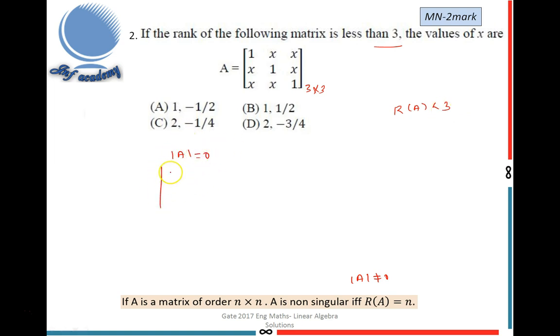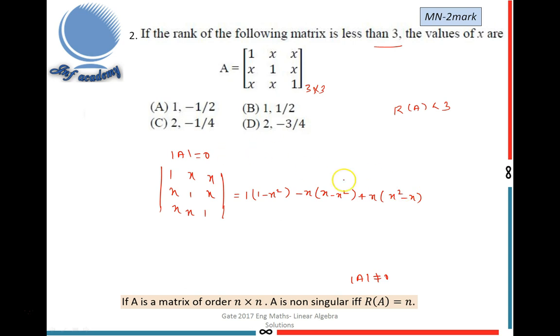What is determinant A? 1 x x, x 1 x, x x 1. Determinant A equal to 1 into (1 minus x square), minus x into (x minus x square), plus x into (x square minus x).